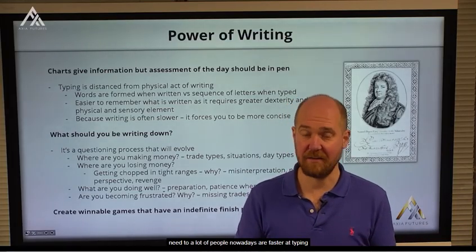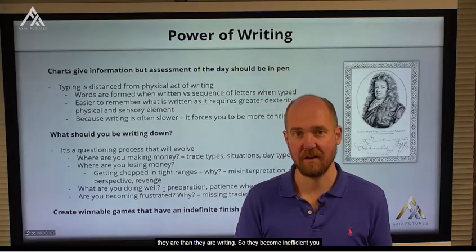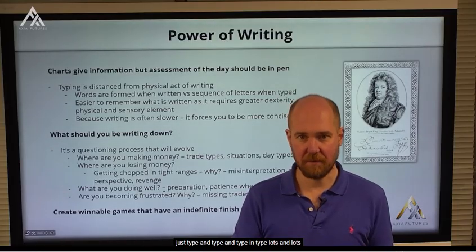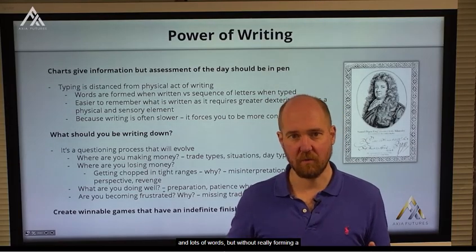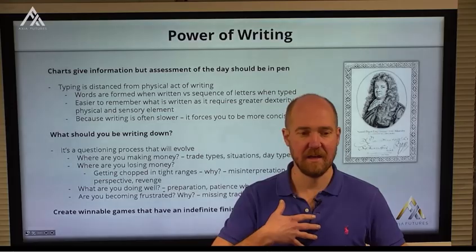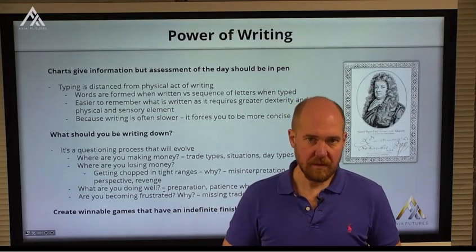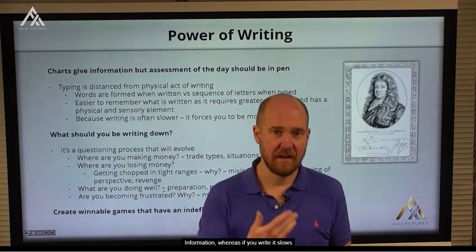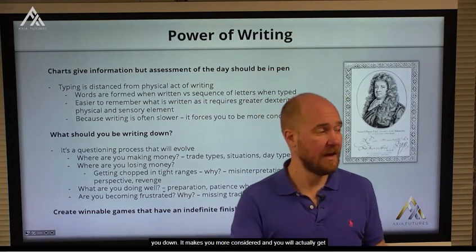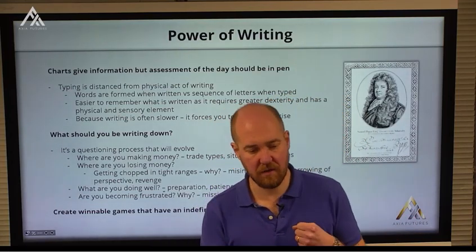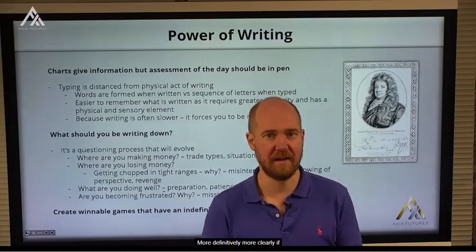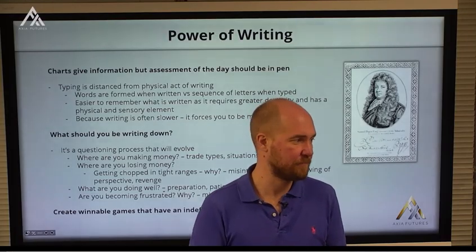A lot of people nowadays are faster at typing than they are at writing, so they become inefficient. You just type and type, lots and lots of words, without really forming a reasoning behind things. It's just easy to blurt out information. Whereas if you write, it slows you down, it makes you more considered, and you will get things down more definitively, more clearly.